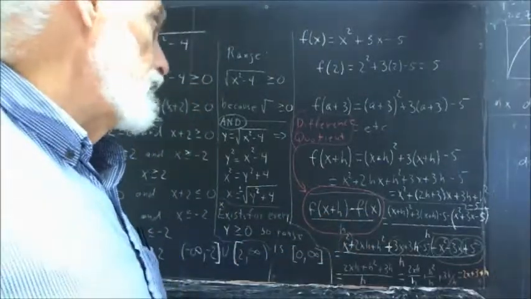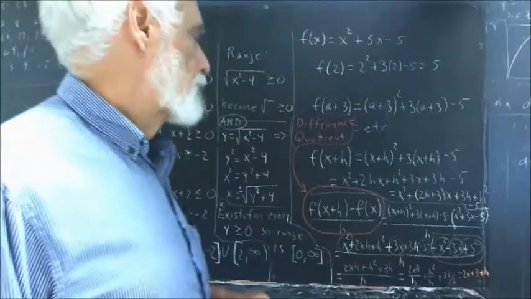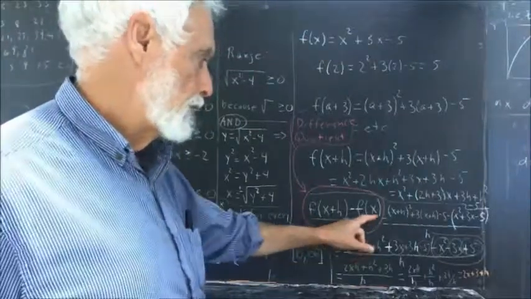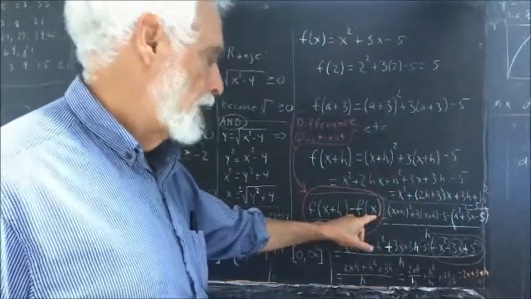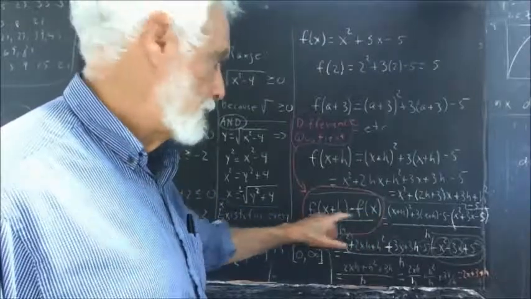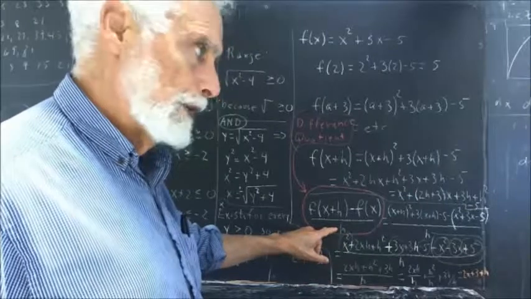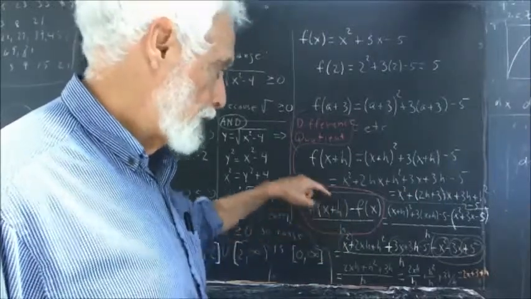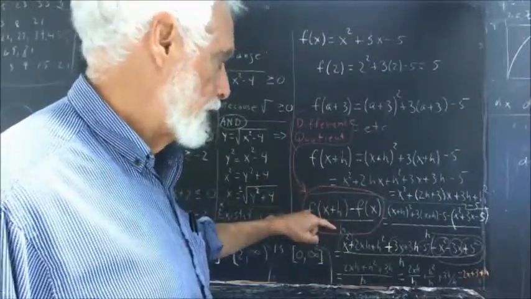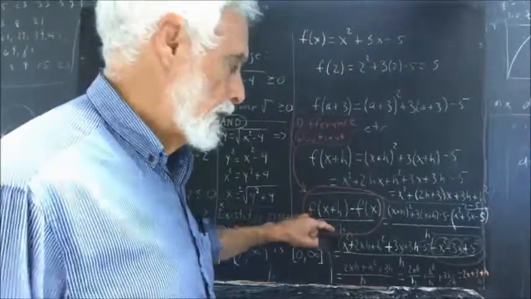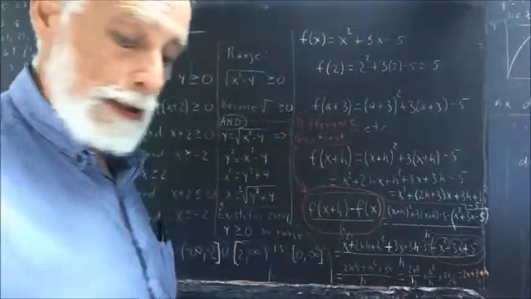It's actually a rate of change quantity. It's the average rate of change of f of x between value x and value x plus h, because here's the change in the value of f, and here's the change in the value of x. We divide the change in the value of the function by the change in the value of x, and we get a rate of change, and we call that a difference quotient.